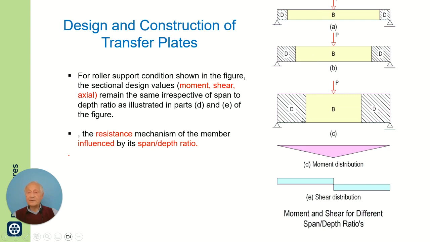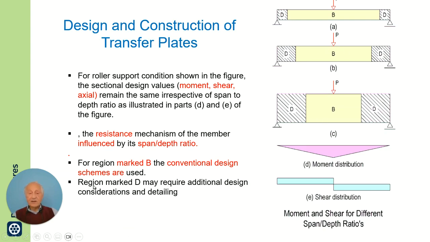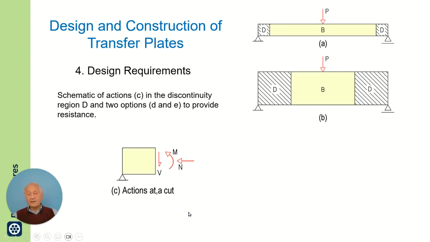Here I show different span to depth ratios. For region marked B, the conventional design is used, this region. Regions marked D may require additional design consideration and detailing.